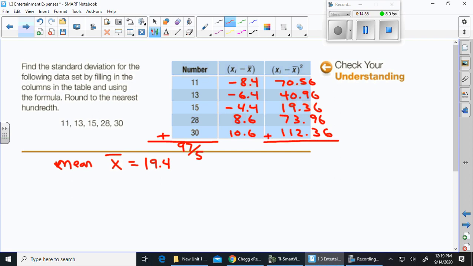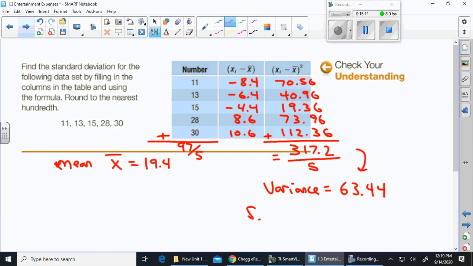So 112.36 plus 73.96 plus 19.36 plus 40.96 plus 70.56. That gave you 317.2, but you're averaging it. So you divide by how many numbers you added up. That's your variance. Your variance is 63.44. And that's what you did there.